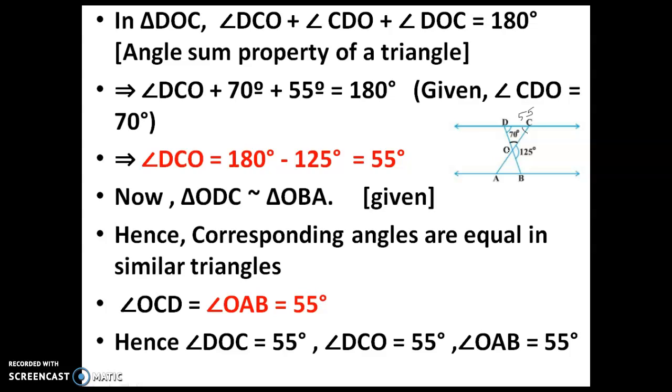By that we can find that this angle OCD, which is 55, is equal to OAB. So this angle will also be 55. That's the answer to what was asked in the question.